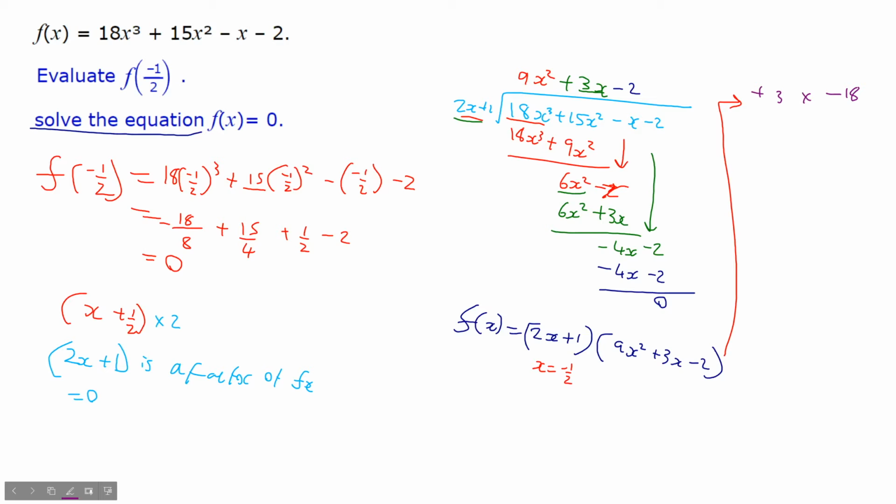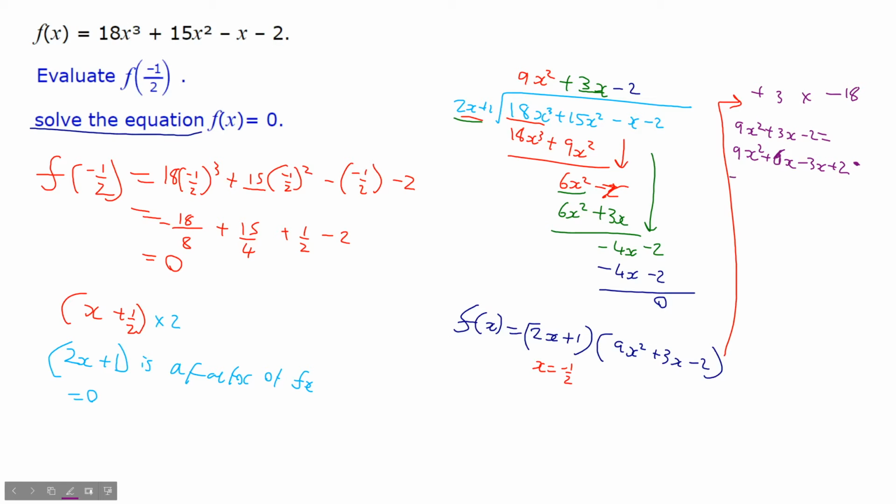6 and minus 3. So 9x squared plus 3x minus 2 is equal to, I'll write it underneath, 9x squared plus 6x minus 3x minus 2.